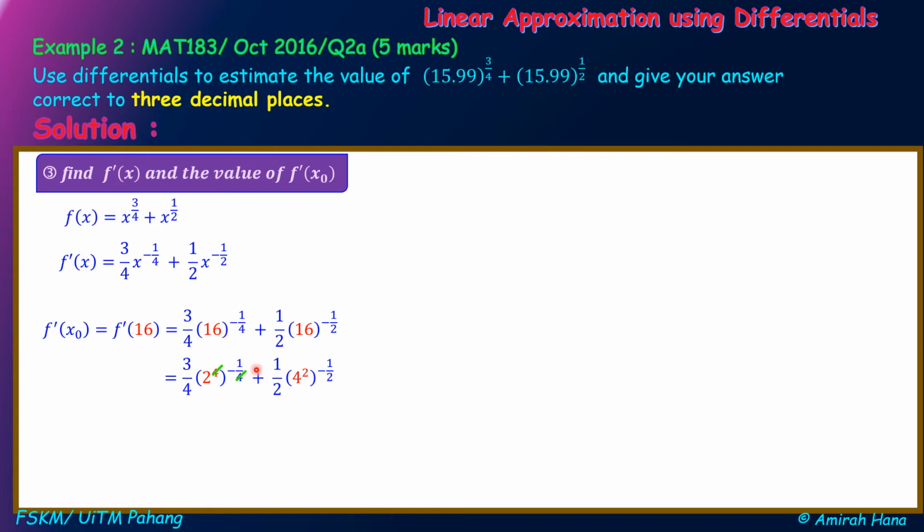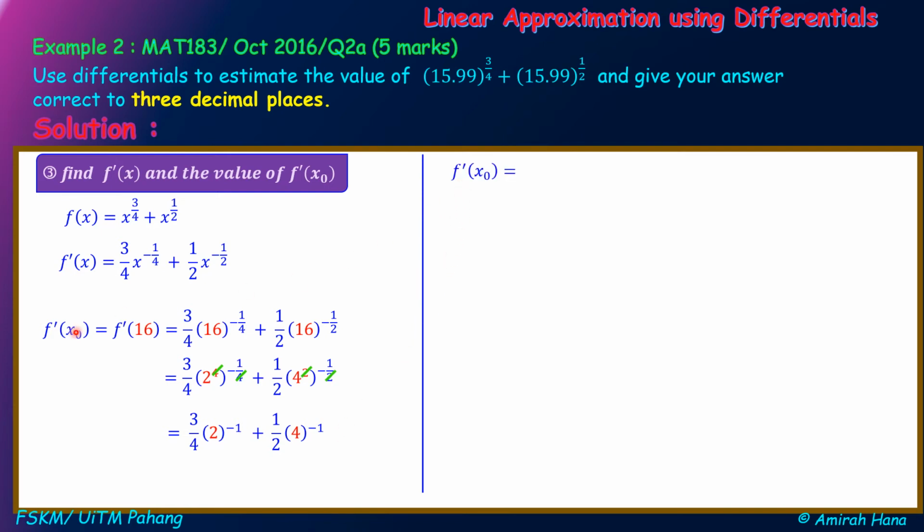After that we can simplify 4 from the power of 4 and 4 from the denominator of the power. And we can simplify 2 from 4 squared and 2 from the denominator of the power. After we simplify, we have 3 over 4 times 2 to the power of negative 1 plus half times 4 to the power of negative 1.